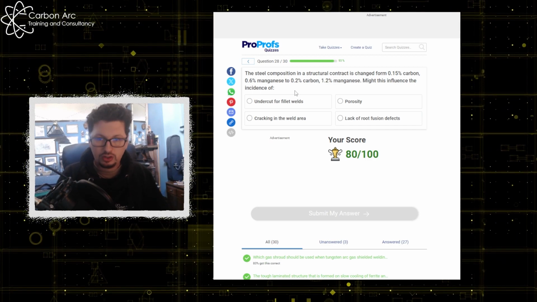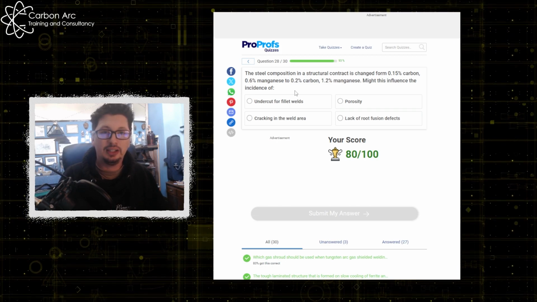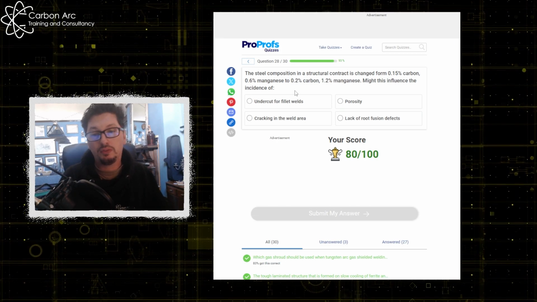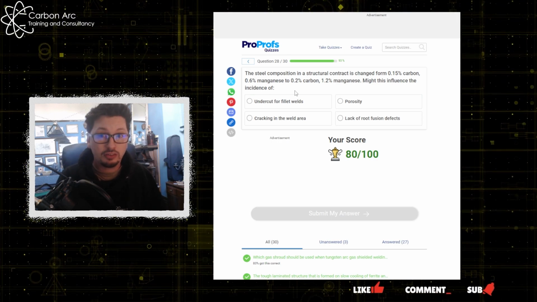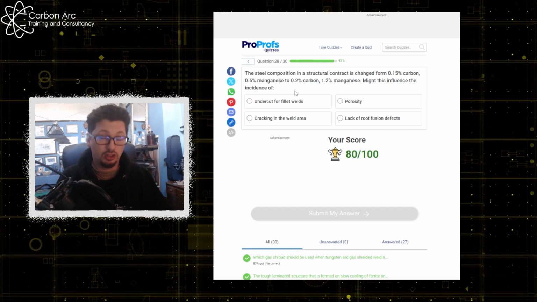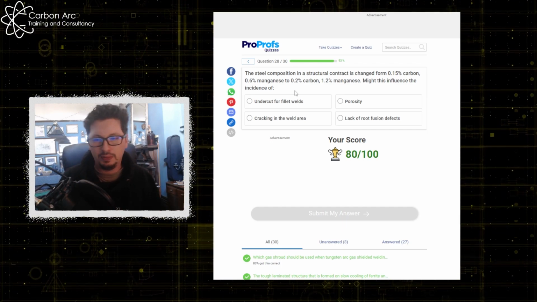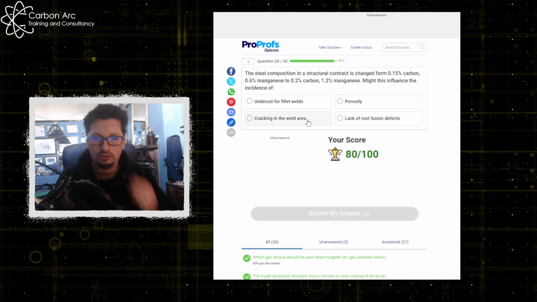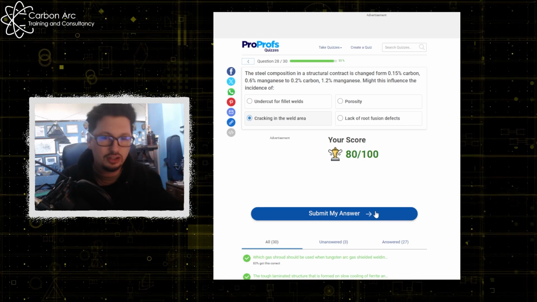We're increasing carbon, we're increasing manganese. So instantly our CEV, our carbon equivalent value, is going to go up. Therefore, we're at a higher risk of cracking. So we'd need to do something to combat that. More preheat, longer cooling down rates tend to be the two big ones. So I'm going to say cracking in the welds. It's going to increase the chance of cracking.